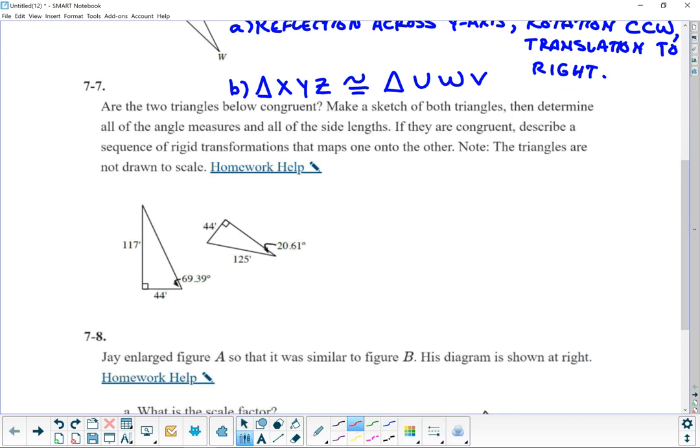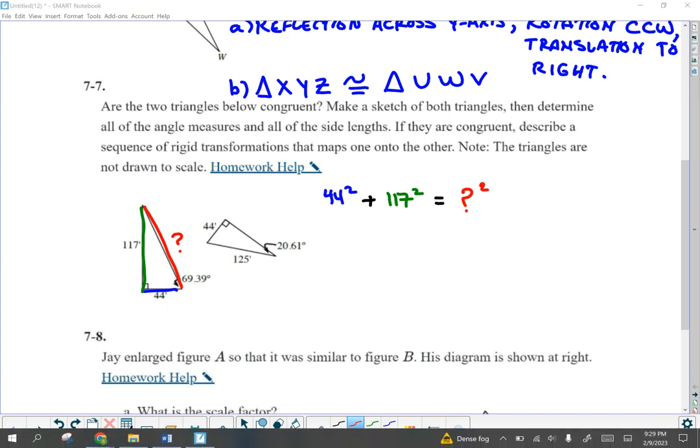I need to find this side right here, so I'm going to use the Pythagorean theorem. 44 squared plus 117 squared is going to equal my unknown side, question mark squared.